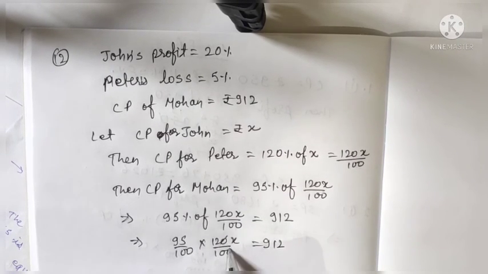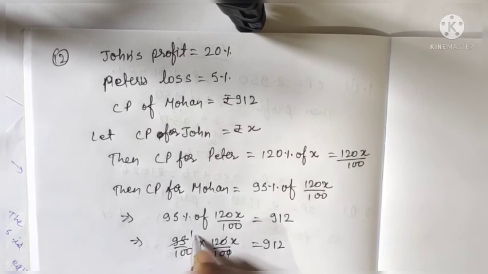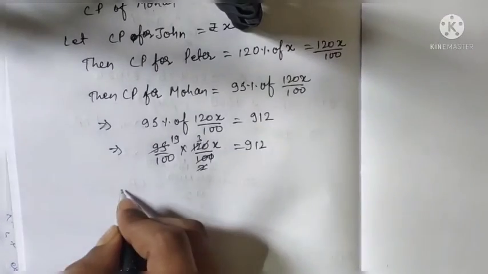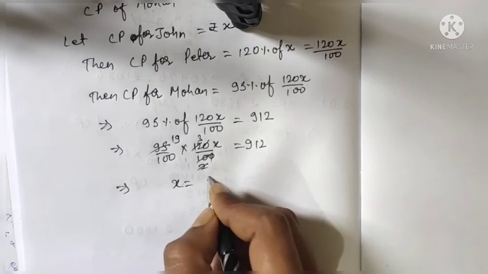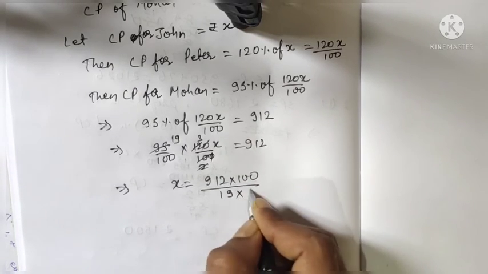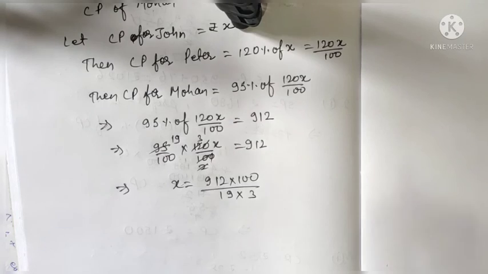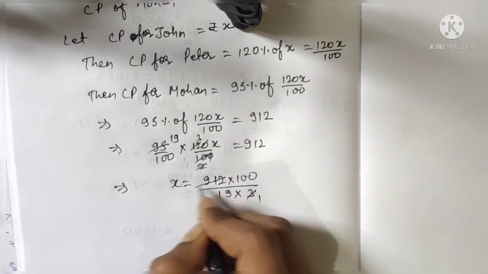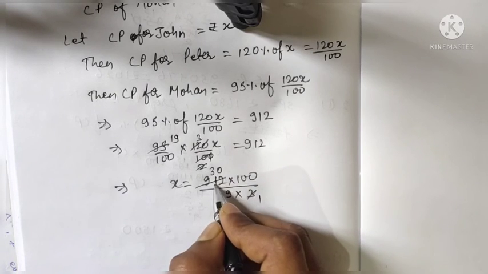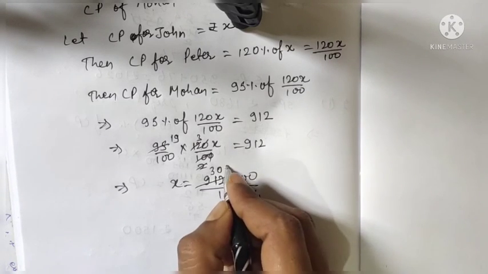That implies 95 by 100 into 120X by 100 is equal to 912. Now 0 and 0 cut, 5 19s are, 5 2s are, 2 3s are, simple. That implies X will be equal to 912 into 100 by 19 into 3. Now 3 1s are 3, 3 3s are 9, 3 we will put 0 here because 1 is not divisible by 3, and 3 4s are 12.